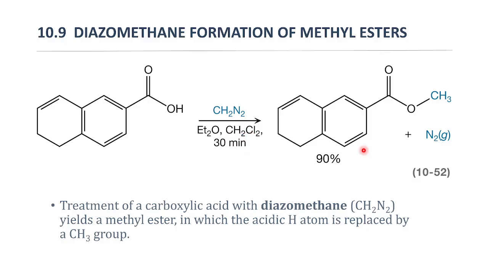This takes 30 minutes and gives you 90% yield, which is fast and a really good yield. Note that this actually generates N2 gas. N2 gas is the same gas you breathe. It's 70% of the atmosphere. So this actually generates rather benign products in terms of the gases it gives off, which is quite nice.